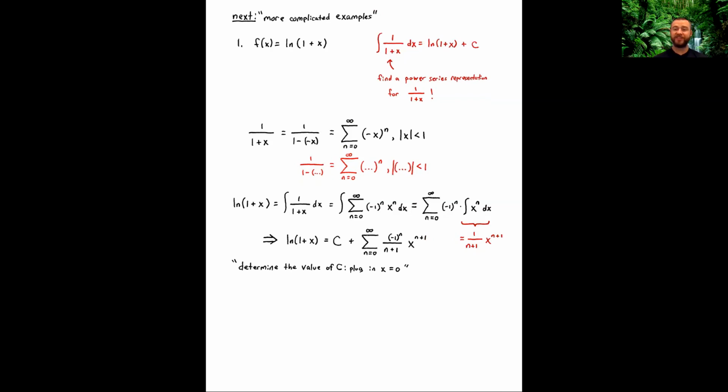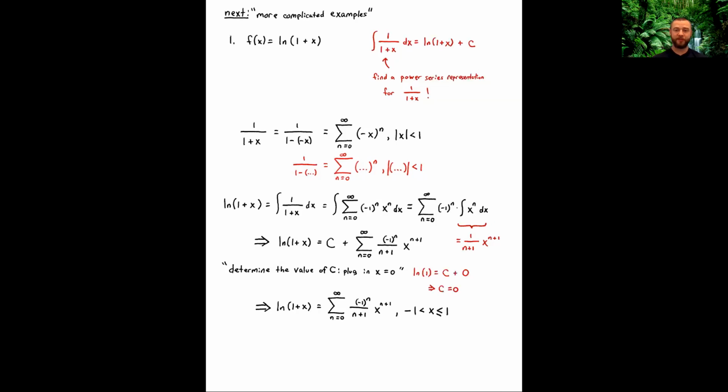So what we can do is in this power series representation, on both sides, we're going to plug in x equals 0. The nice thing about the right-hand side with the powers of x, just think what 0 to any power is. 0. So if we plug x equals 0 into both sides, you end up with natural log of 1 on the left side.